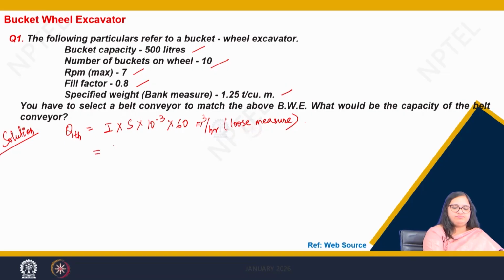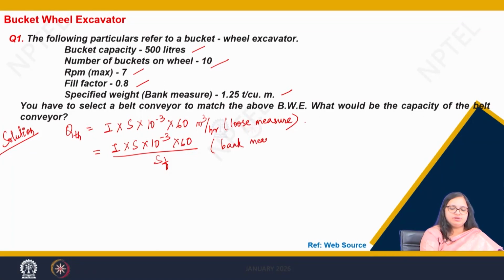And if I have to find the bank measure, with this equation I just have to divide by SF, which gives me the bank measure, in meter cube per hour.